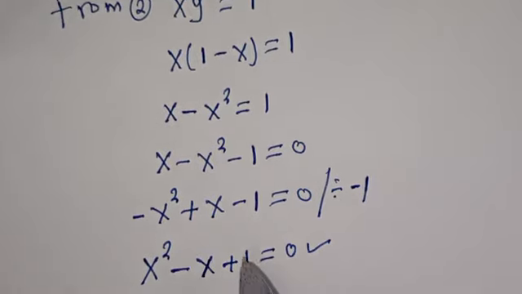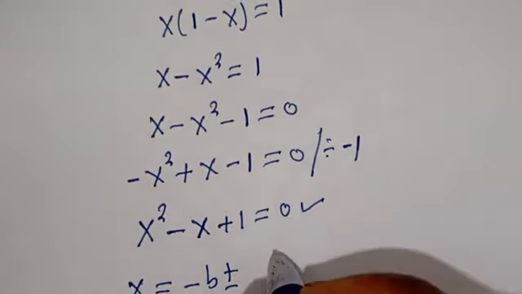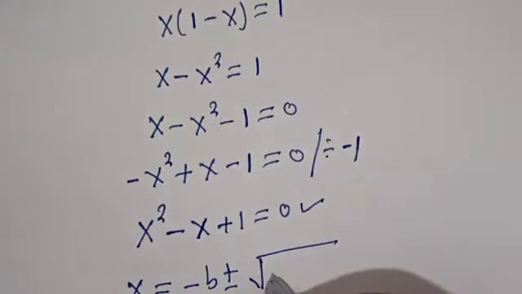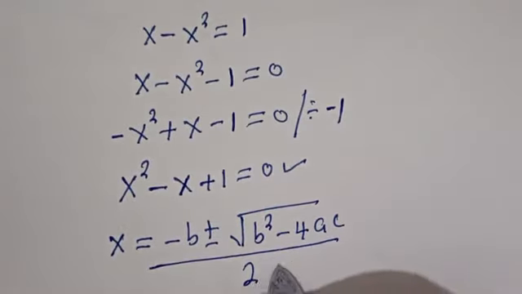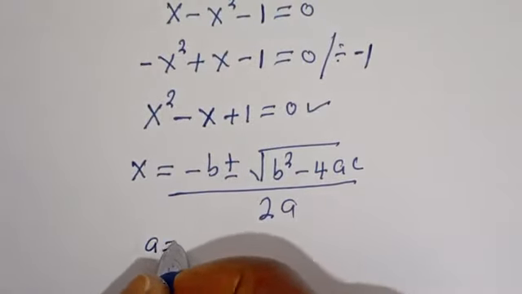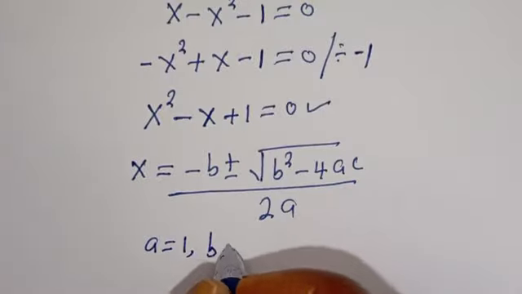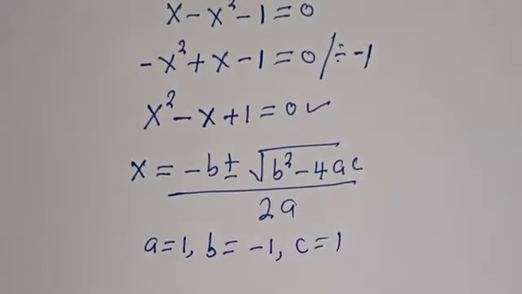And our quadratic general formula is given as x is equal to minus b plus or minus square root of b square minus 4ac divided by 2a. Then from this equation, a is equal to 1, b is equal to minus 1, c is equal to 1.